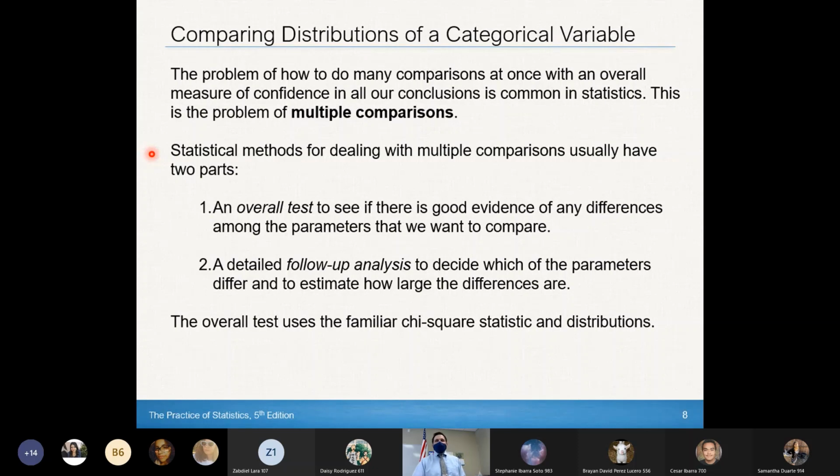Number one, an overall test to see if there is good evidence of any differences among the parameters that we want to compare. And number two, a detailed follow-up analysis to decide which of the parameters differ and to estimate how large the differences are. The overall test uses the familiar chi-square statistic and distributions. We'll get to a follow-up later.